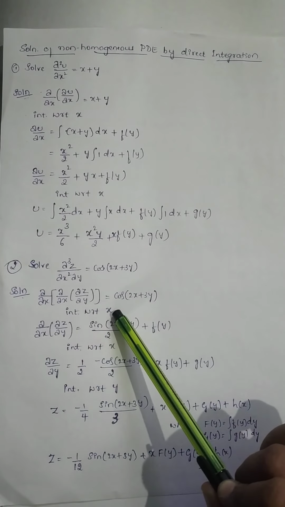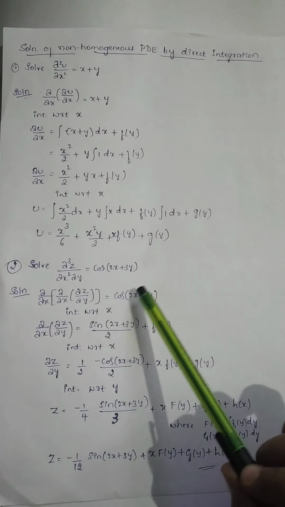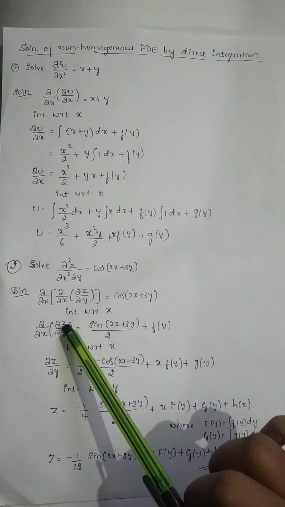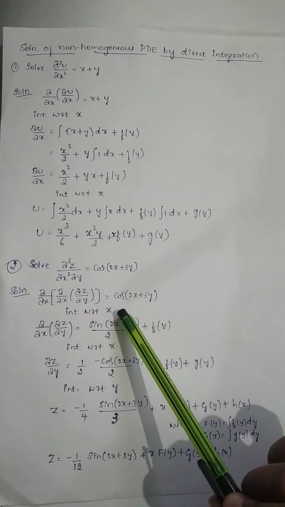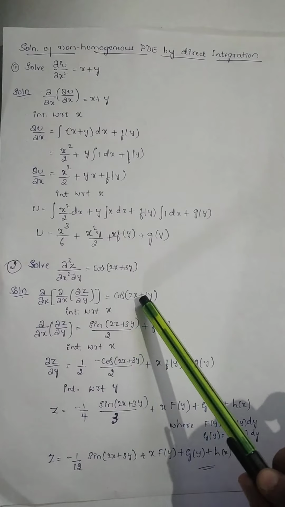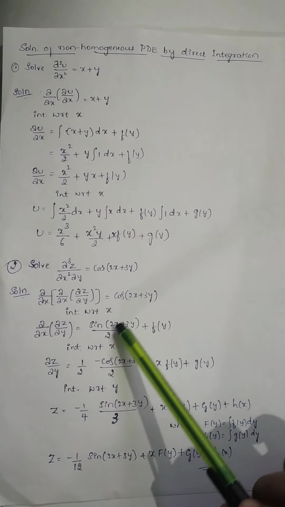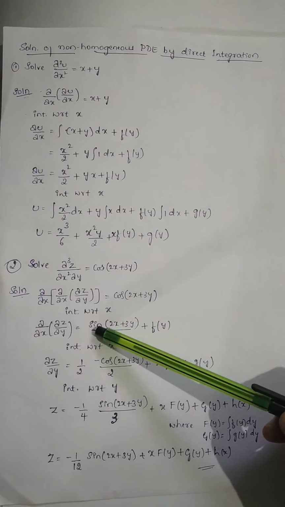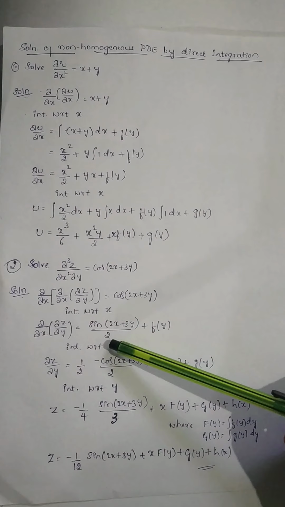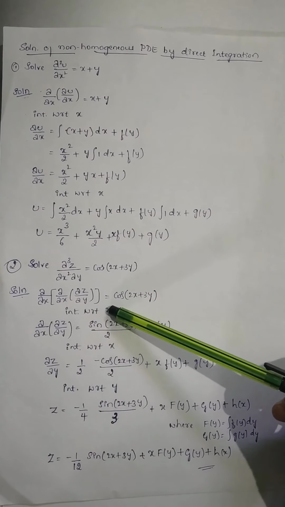So in the first step we will integrate with respect to x to remove this del by del x. So in the LHS, del by del x of del z by del y equals, coming to the RHS, integration with respect to x. Integration of the cosine function will be sine, and the terms inside the bracket will be as it is, and you need to divide sine of 2x plus 3y by the coefficient of x, as you are integrating with respect to x.